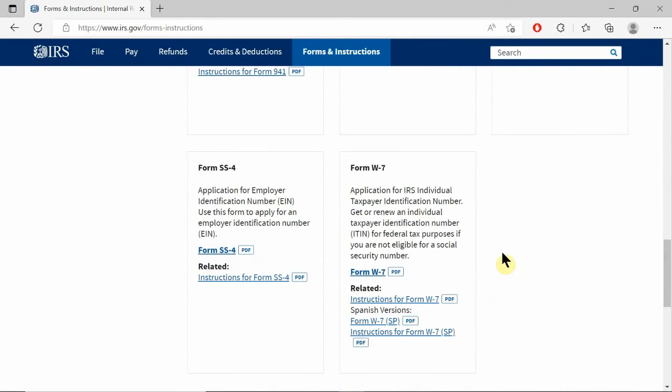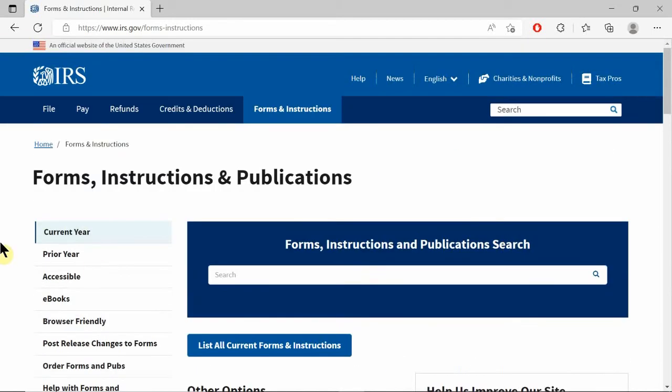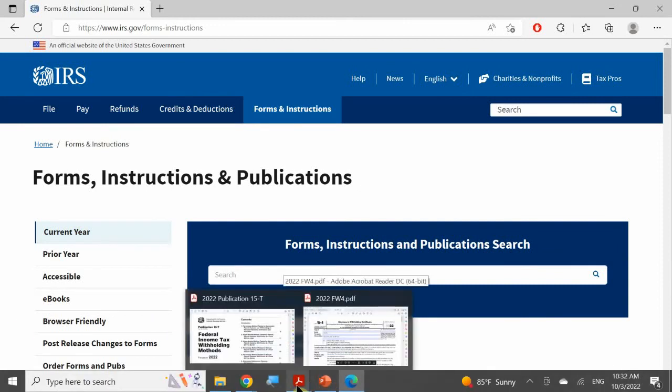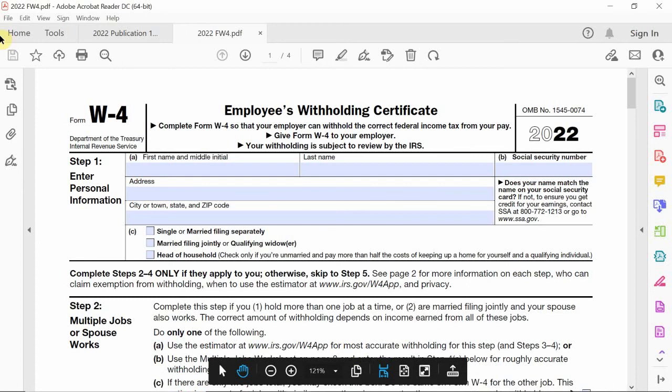There's a bunch of different forms that you can look up from irs.gov, but these things should be provided by your employer, and they should be the ones helping you fill out this form. All right. So now that we've talked about where to get it, let's actually talk about the new W-4 form. In this case, they actually changed everything since 2020.